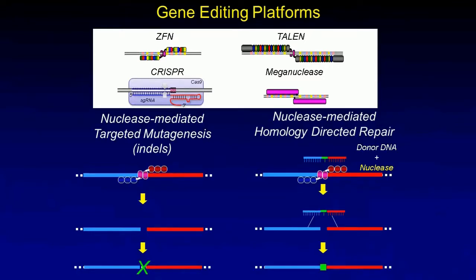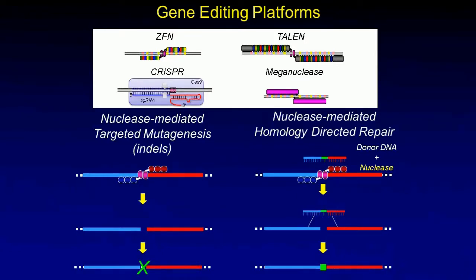The third generation technology, which I think everyone on this webinar will have heard something about, is the CRISPR-Cas9 technology shown in the lower left-hand side. This is a technology that has been extremely easy to use and accessible. It's an RNA-guided protein nuclease.